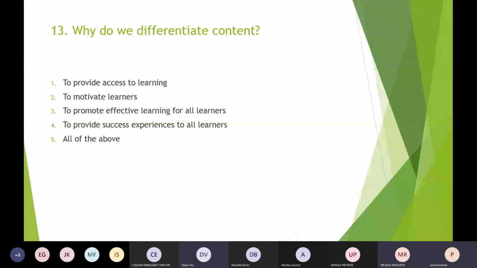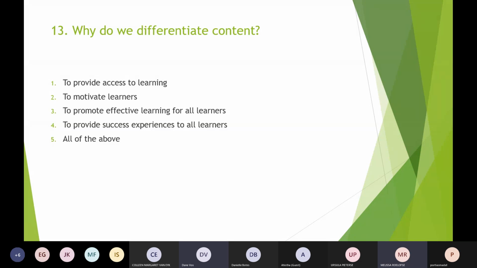All right. Yes. I don't disagree, because I also said 3, but I do think 4 is also valid. When you're differentiating the content, in a way, it does provide success for all the learners, because you're providing different ways for them to grasp the concept that you're explaining or teaching.